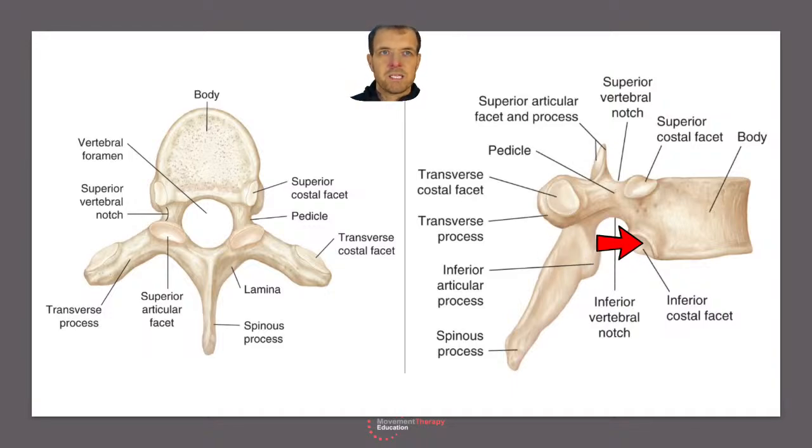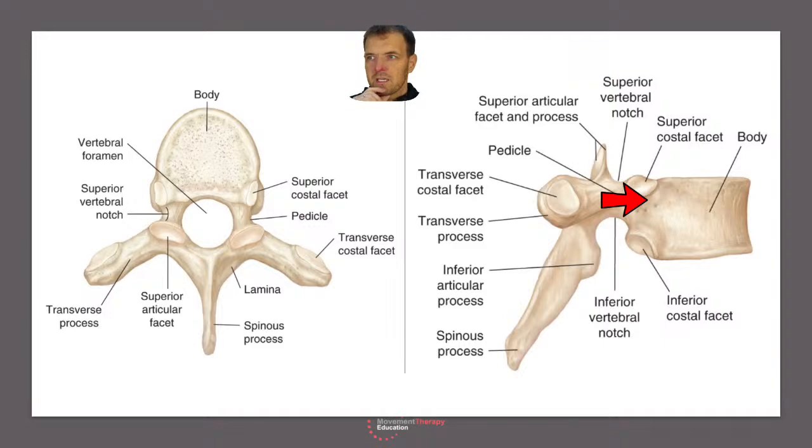This one here, the inferior costal facet, joins with the vertebra below to form the full facet around here. So where the rib attaches, it's kind of halfway in between the vertebra. It attaches a little bit on the one above, a little bit on the one below, and then onto the transverse process on the side, as it sweeps around.